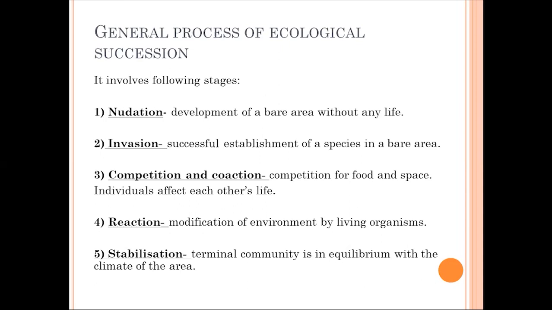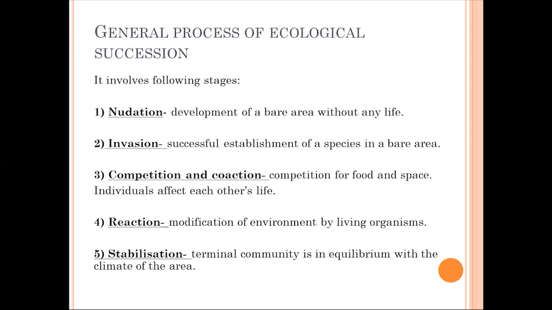Now, the general process of ecological succession. Ecological succession occurs in certain stages. The first stage is known as nudation, which is the development of a barren area without any life. Now, how will a barren land be developed?